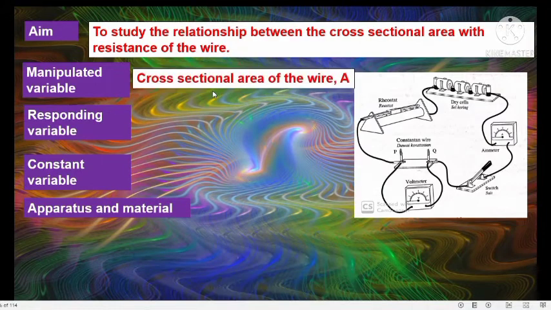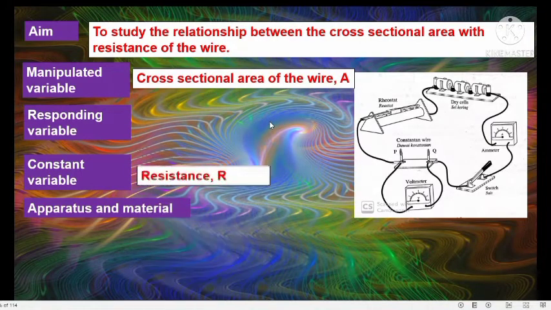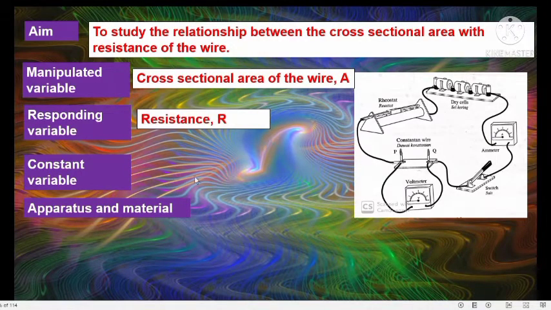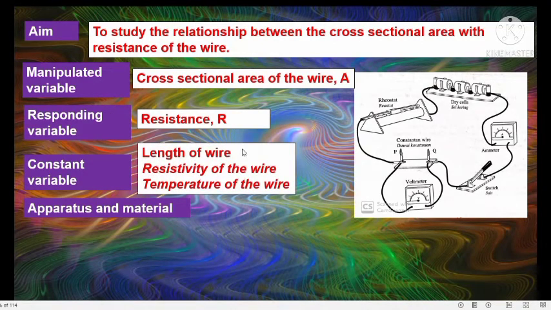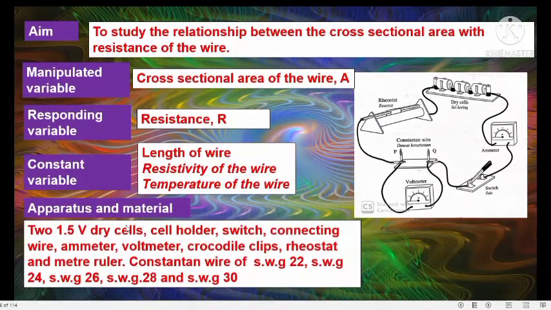Manipulated variable: cross-sectional area of wire, A. Responding variable: resistance, R. Constant variables: length of wire, resistivity of wire, temperature of wire. So all these factors must be kept constant. Apparatus: actually the apparatus required is quite the same, we just add wires of different diameter that are represented by SWG.